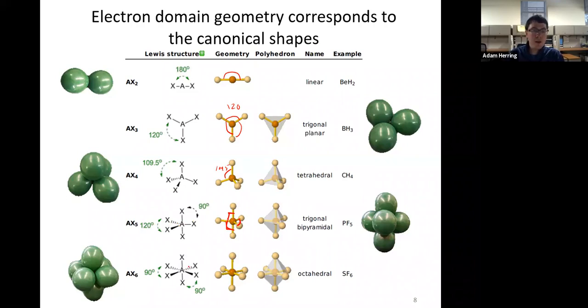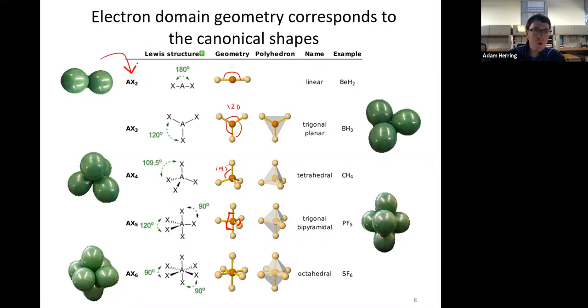For the octahedral shape, those all have bond angles of 90 degrees. And so you need to be able to determine from the molecular formula, the Lewis structure, the geometry, the name for that geometry. And so some examples of ones that would follow those trends are given here on the right.